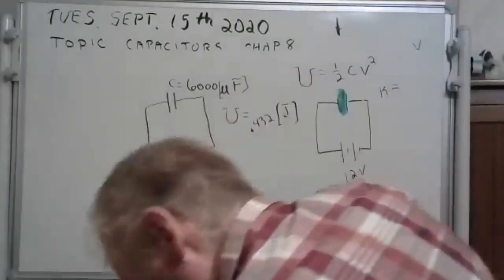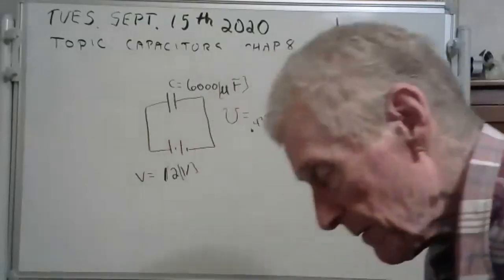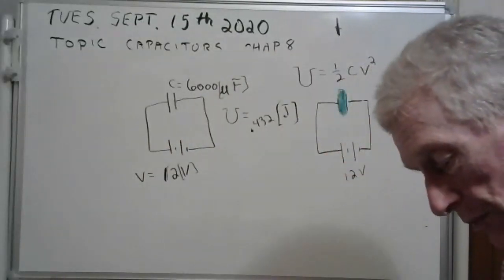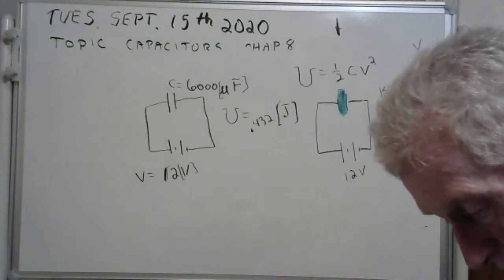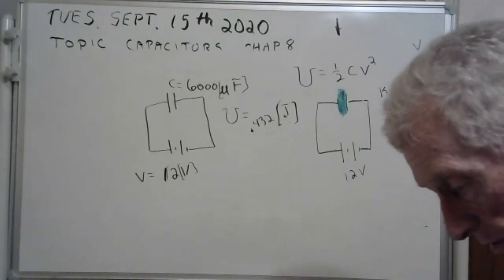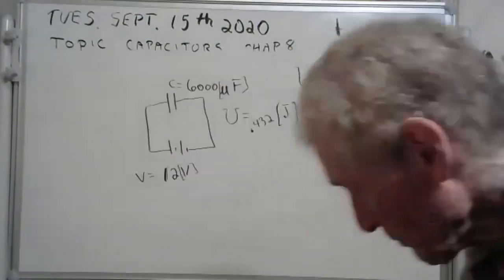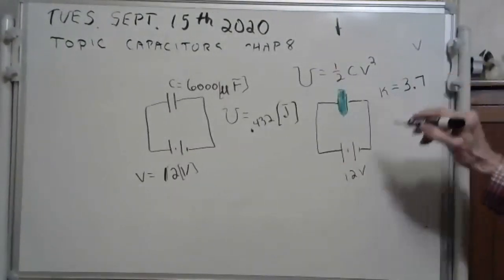Let me look it up. 3.7? I don't remember. Let me look it up. Somewhere, yeah, here we go. Paper, 3.7. There we go. Good thinking. You got a better memory than I do. It's 3.7.